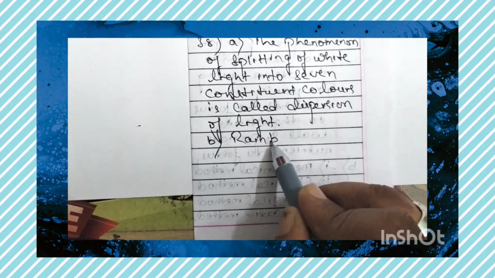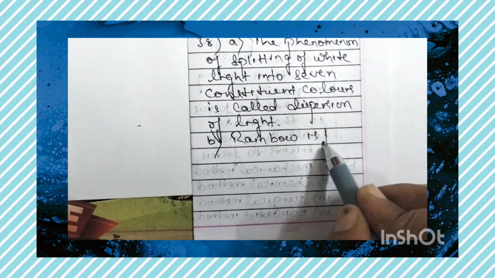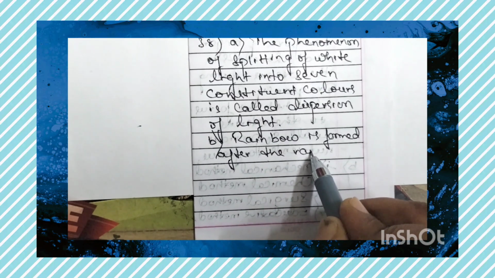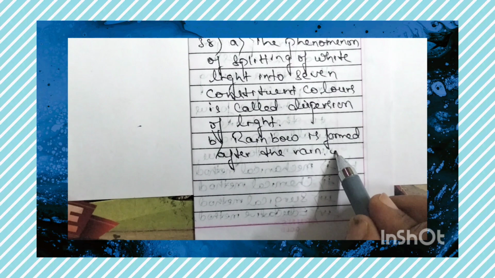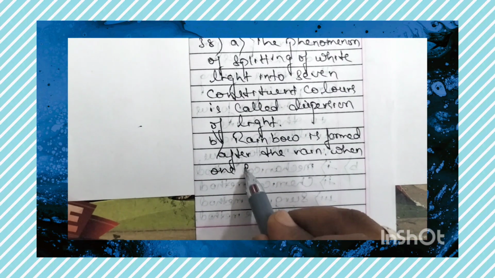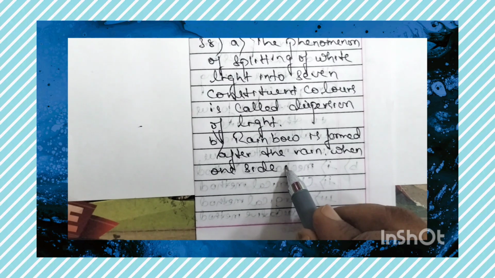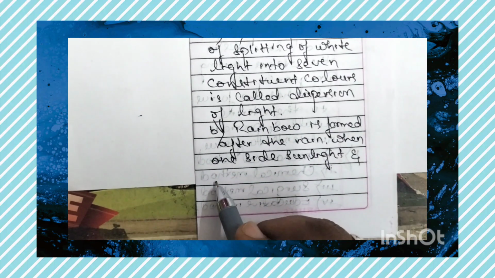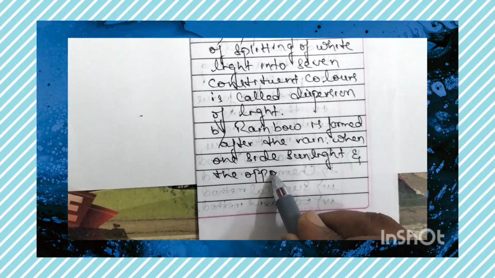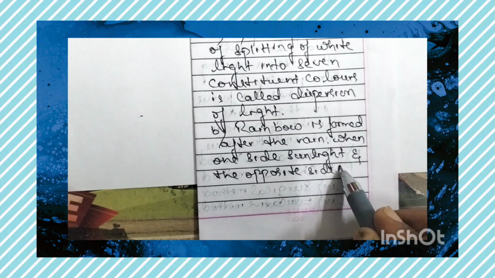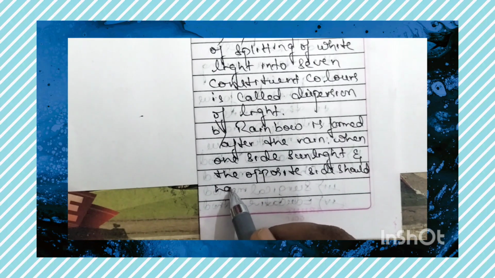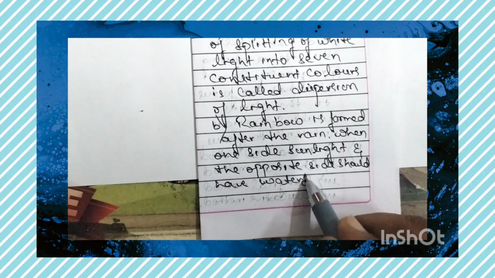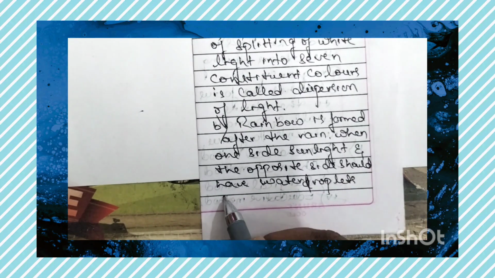Rainbow is formed after the rain when one side sunlight and the opposite side should have water droplets of rain.